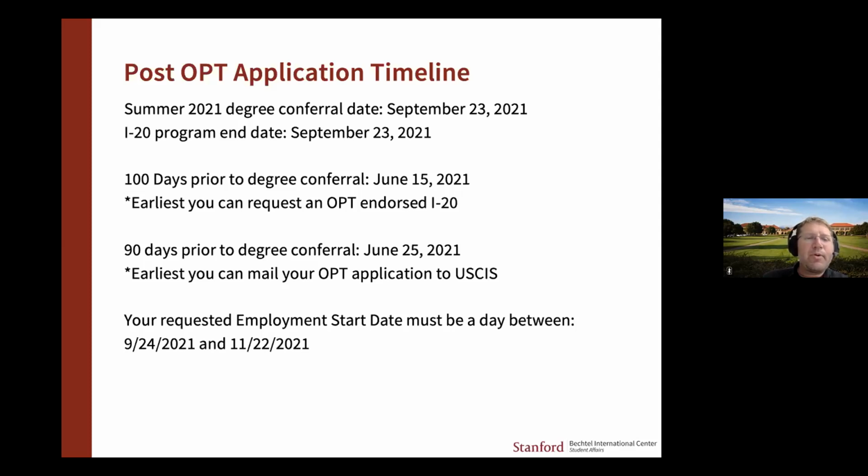Other students may put a later start date, let's say in October or November, just because they know that they won't be starting to work right away, and they're banking on getting the EAD card so that way they can go and travel, or have some vacation time before starting to work. So again, what employment start date you request is going to be entirely dependent on you.